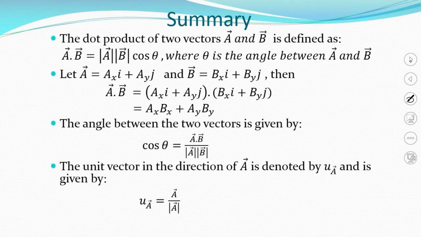And if a vector A is given in unit vector form, and b is also given in unit vector form, the dot product of the two vectors is given by the sum of the products of their coordinates, ax bx plus ay by.